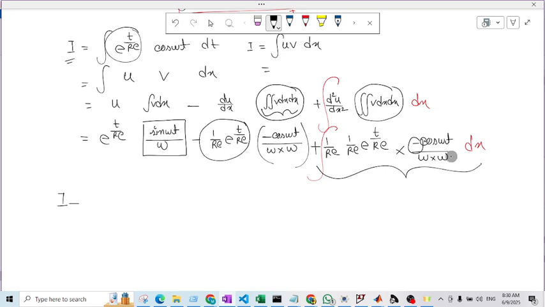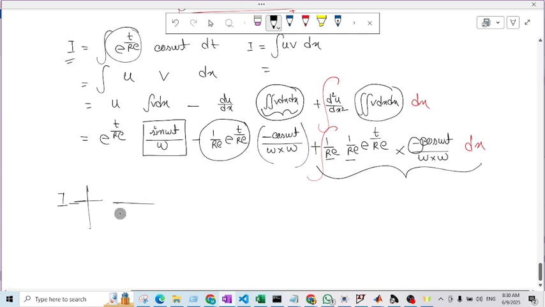If you take this term at the left hand side, I will get a plus here, and then 1 by RC squared, and you have omega squared.